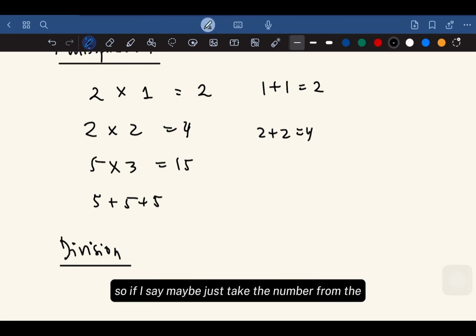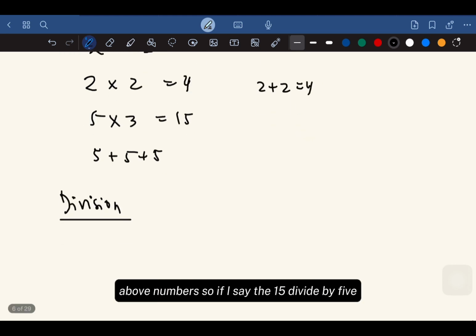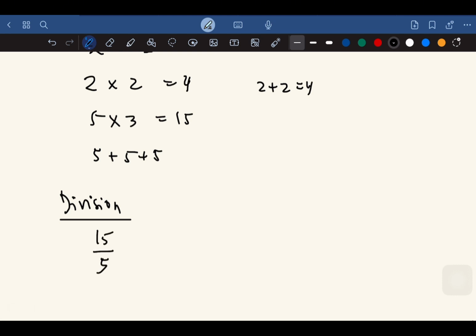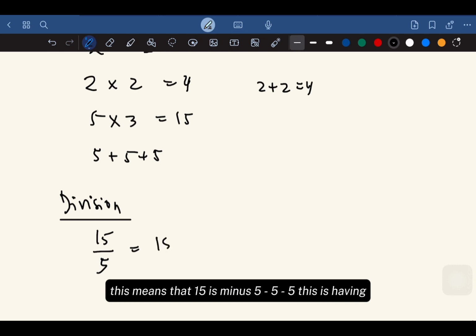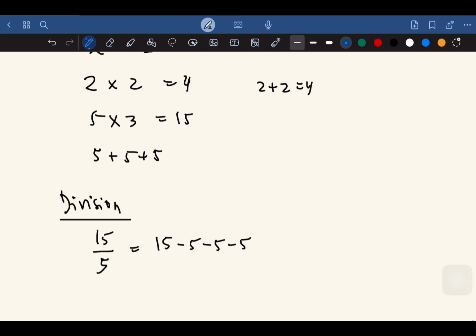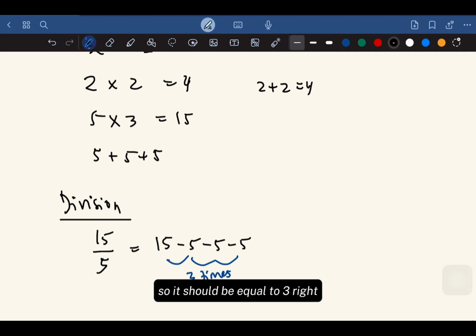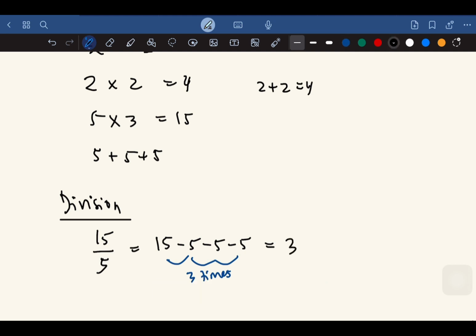Taking the numbers from above, 15 divided by 5 means 15 minus 5, minus 5, minus 5. This is 3 times, right?